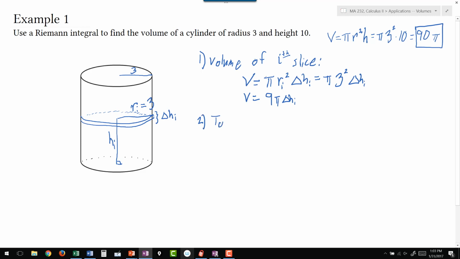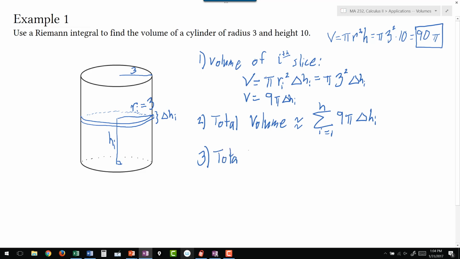Next up, we add up the contributions of all of the slices to get an approximation to the total volume. That would be the sum from 1 to n of the volume of the disks, so I would get 9 pi delta h i.